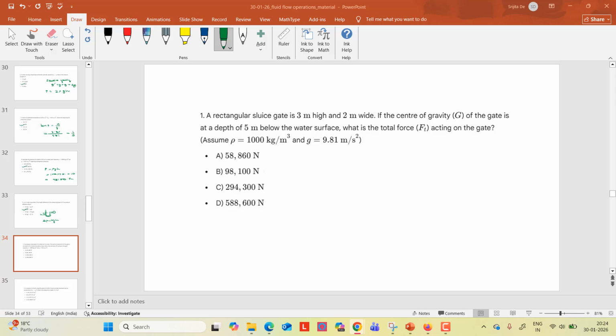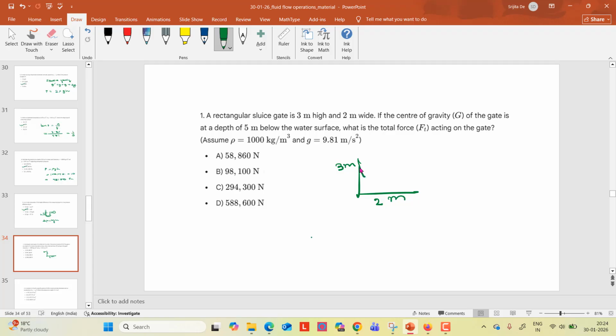A rectangular sluice gate is 3 meter high and 2 meter wide. So what is it telling? 3 meter height and 2 meter wide.